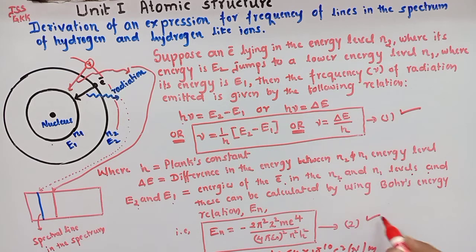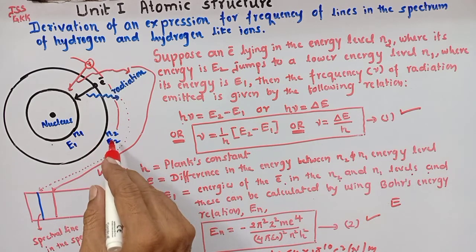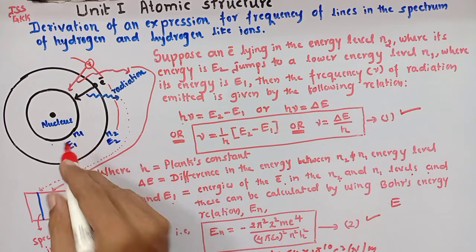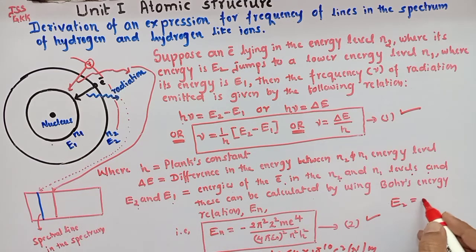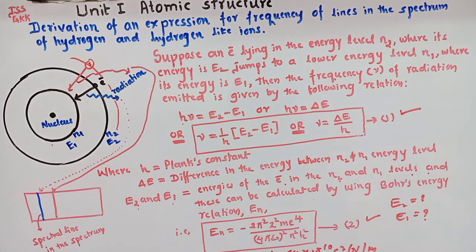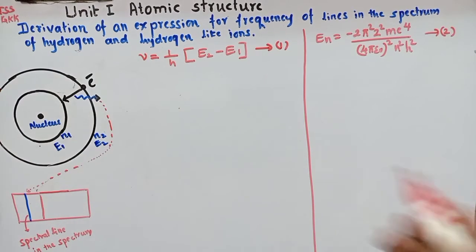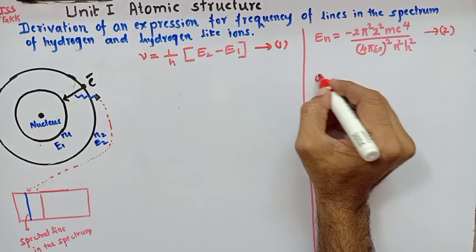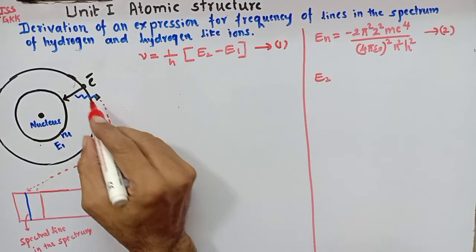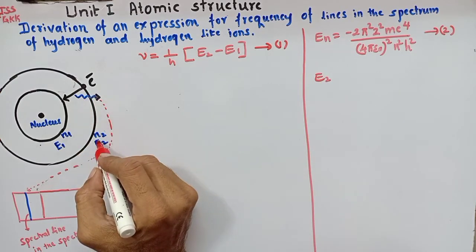From this equation 2, let us find out the value of the energy associated with E2 and E1. That means find out the value of E2 and E1 from equation 2. Let us find E2 first, the energy of the electron in the n2 energy level.